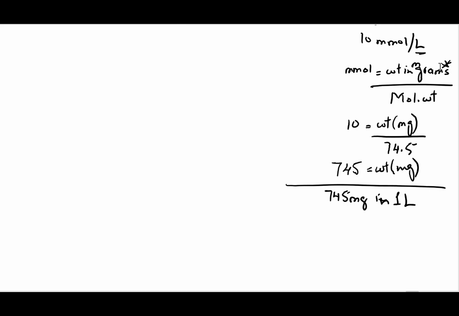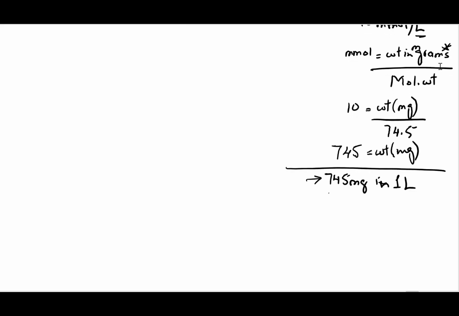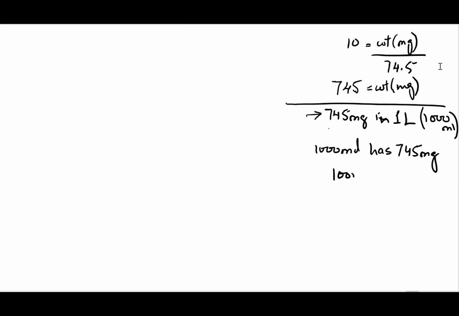So 10 millimoles per liter is equal to 745 milligrams in 1 liter, or 1000 mils. If 1000 mils has 745 milligrams, then 100 mils will have 74.5 milligrams.